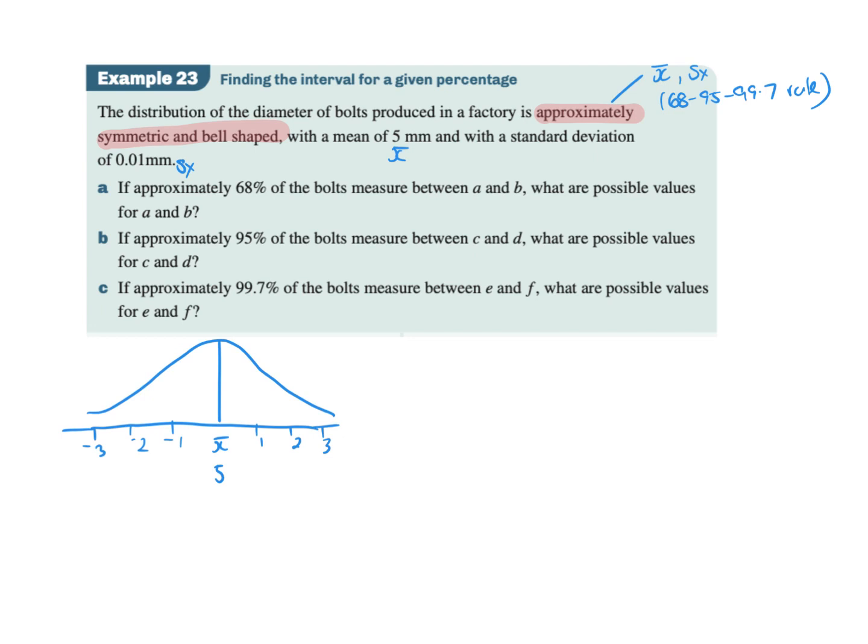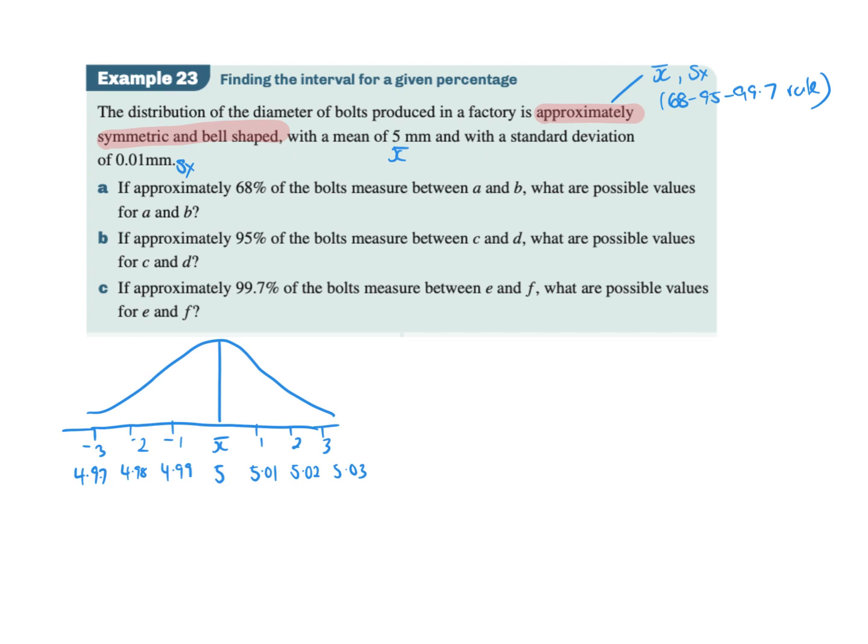So 1 standard deviation would be 5.01, 2 standard deviations would be 5.02, and 3 would be 5.03, and then going down it'd be 4.99, 4.98 and 4.97. I was just minusing 0.01, the standard deviation.